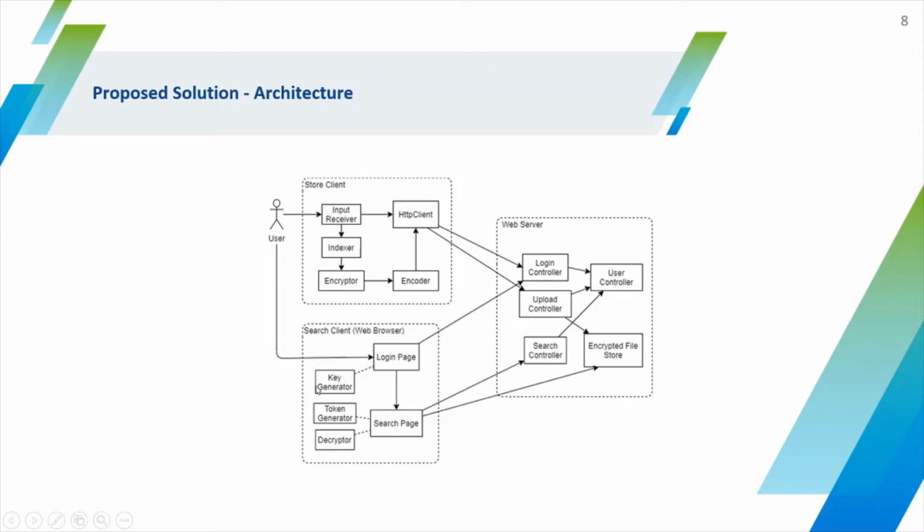Then the same key which is also used in the store client is generated in the browser. And in the search page, when you want to search for a word, the tokens are generated. These tokens are the K1, K2 from before.